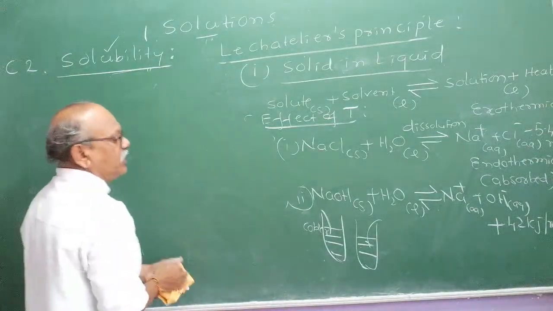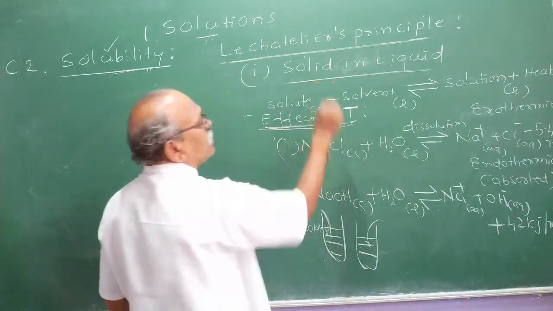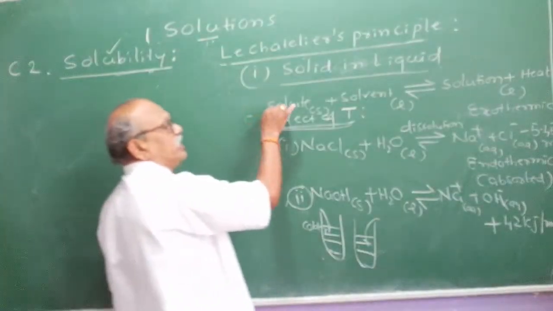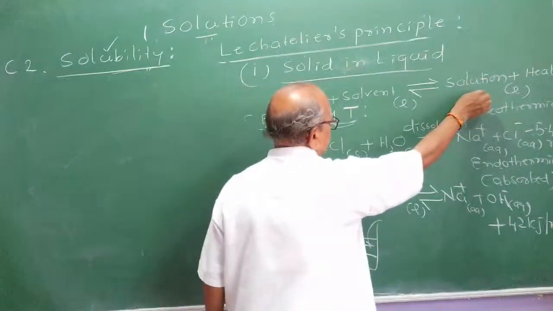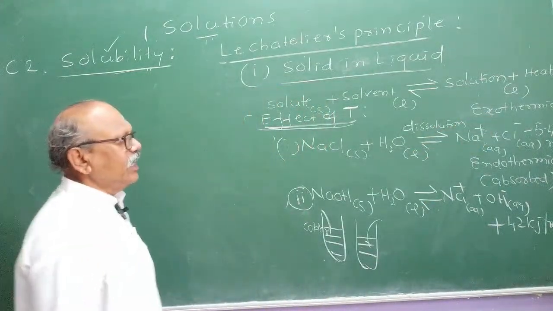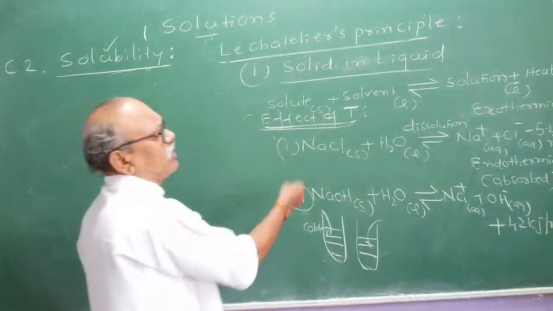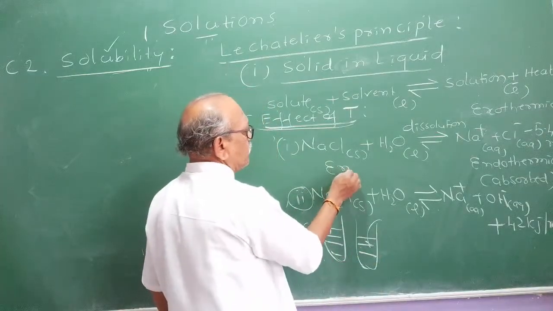See, in the first case, effect of temperature on the dynamic equilibrium of a solid solute in a liquid solvent. The solution will be in liquid state. And it may be plus or minus heat. I have taken in particular example, sodium chloride when dissolved in water, heat energy is absorbed. Therefore, it is endothermic.